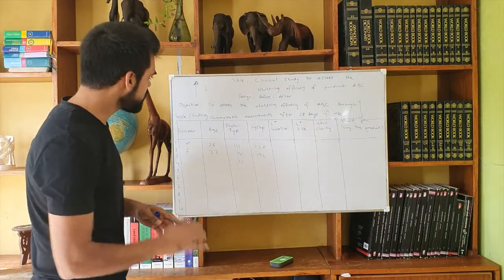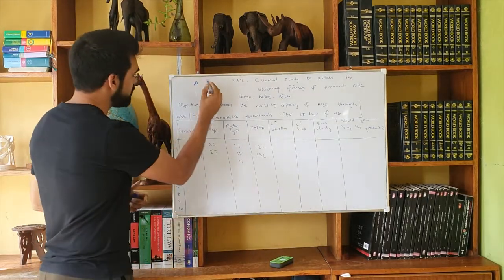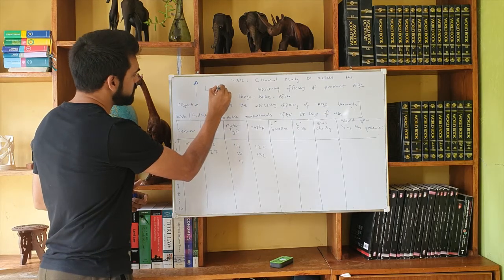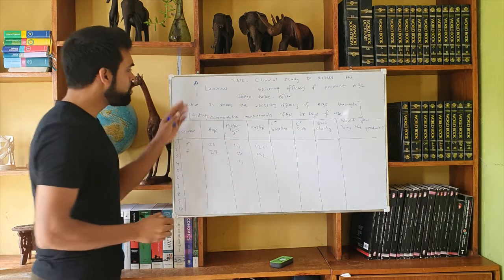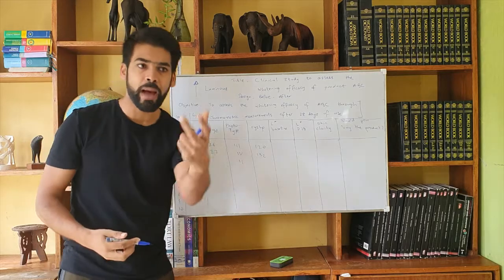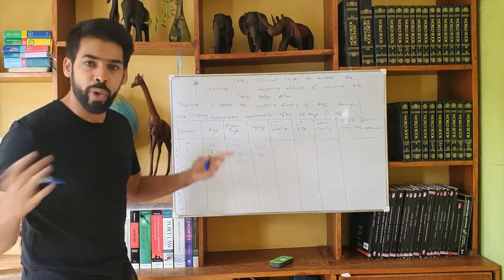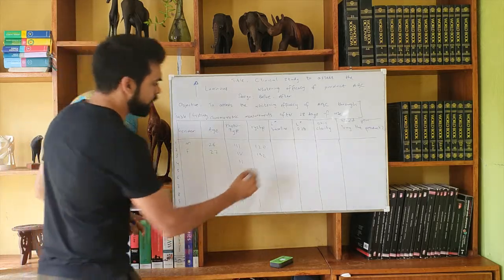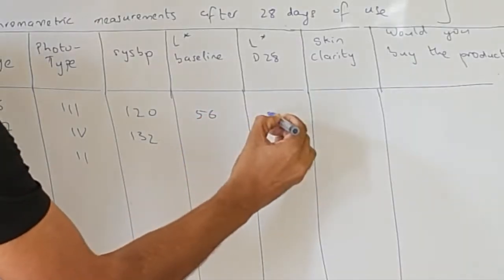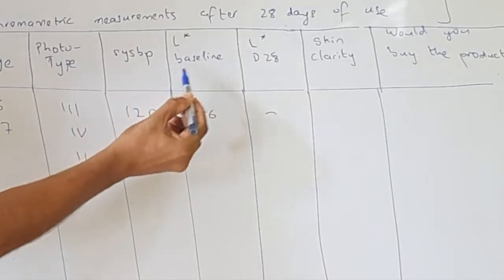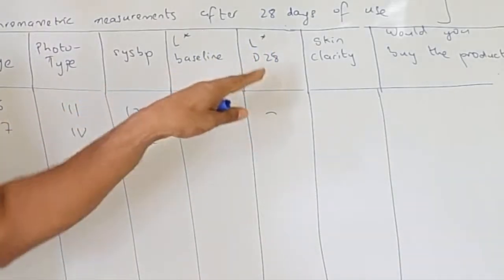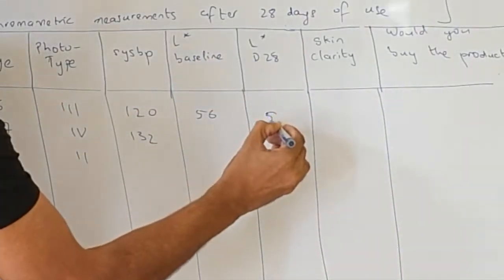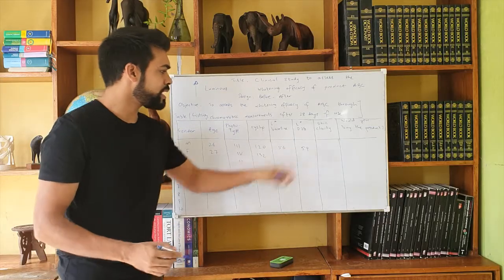The higher the L, the more luminous the skin or the apple or the rat, whatever you could be measuring the color of. So let us say 56 here at baseline, and then this is after 28 days of use. Imagine that it increased to 59.